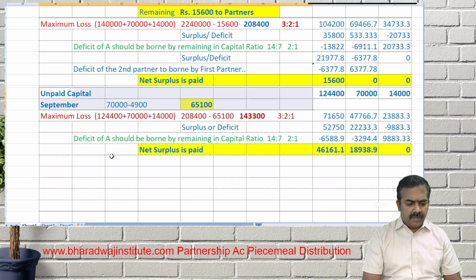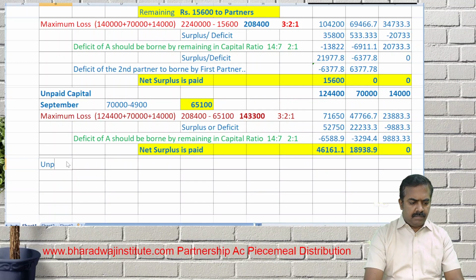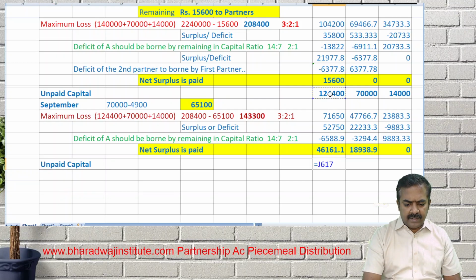Again, work out which capital? Unpaid capital is nothing but this 1,24,400 minus the amount distributed now.